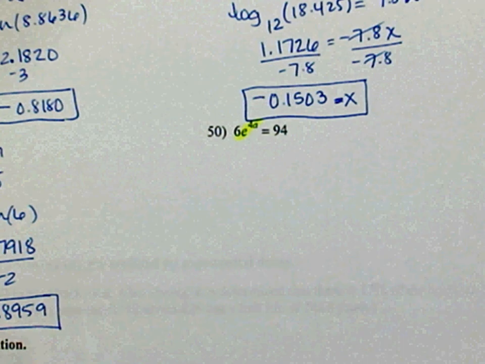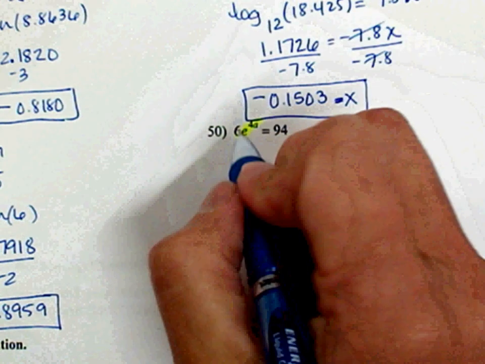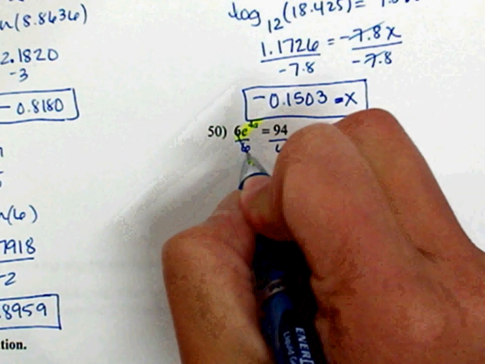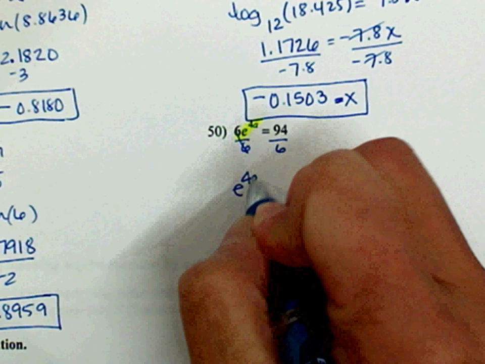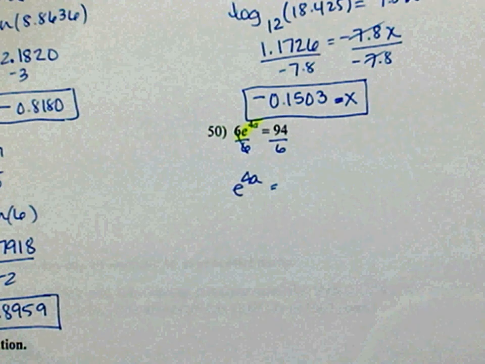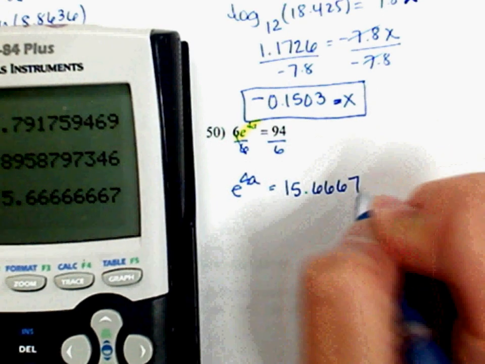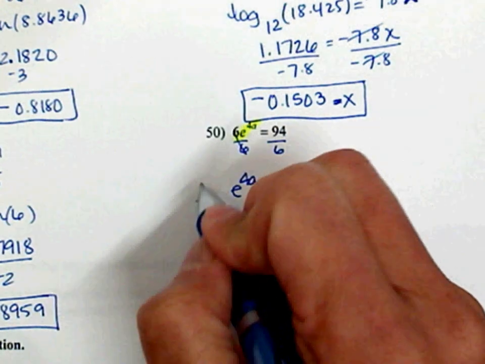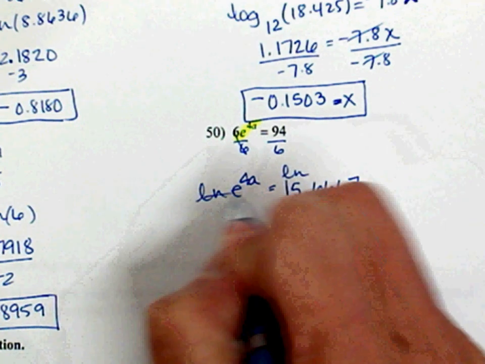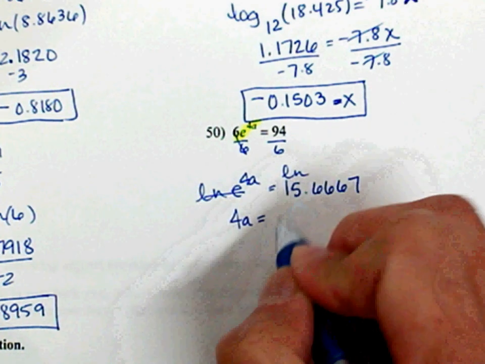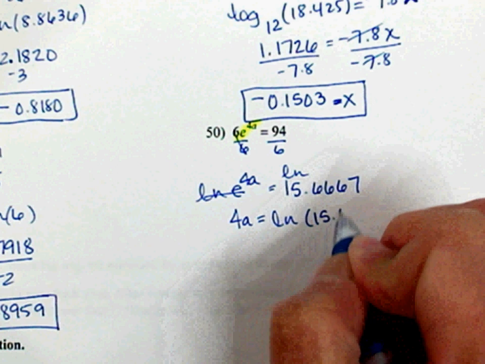All right, your base. So divide by 6, so you have base e to the 4a equals 94 divided by 6, which comes out to be 15.6667. Take the natural log of each side. So now you have 4a equals natural log of 15.6667.